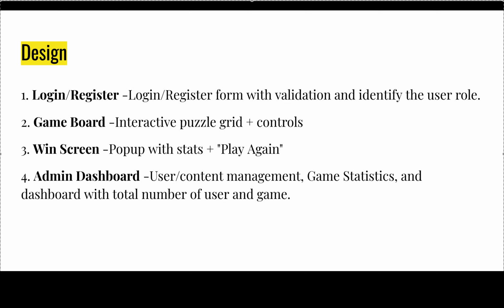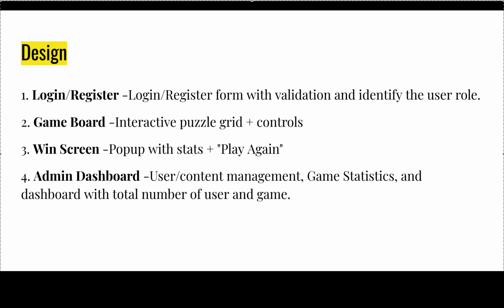So we split the app into four parts: login, register, game board screen, and admin dashboard. The first page is login and register, and you have to register before you log in. After that, it will take you to the game board, an interactive puzzle grid with controls.